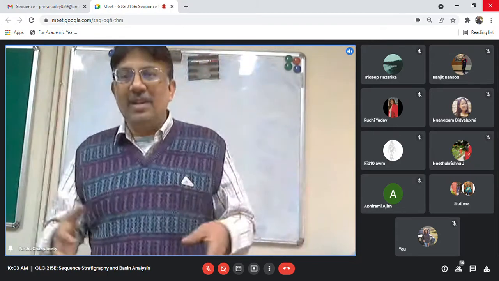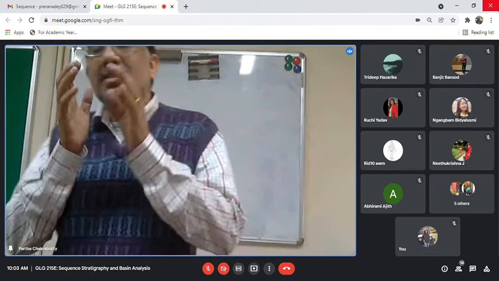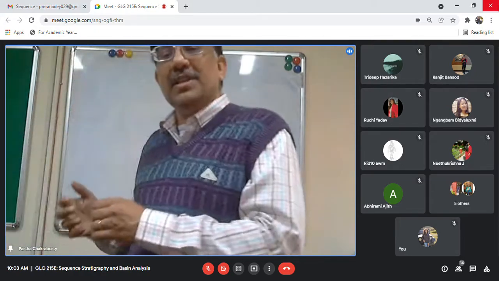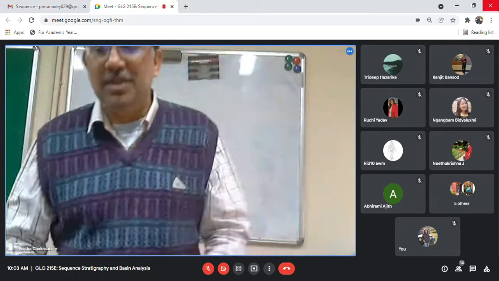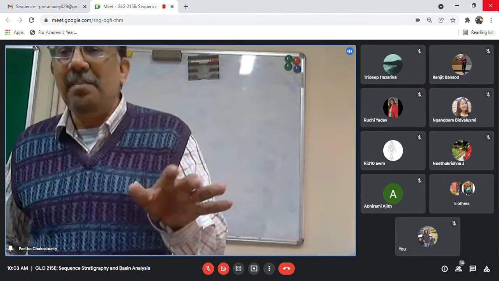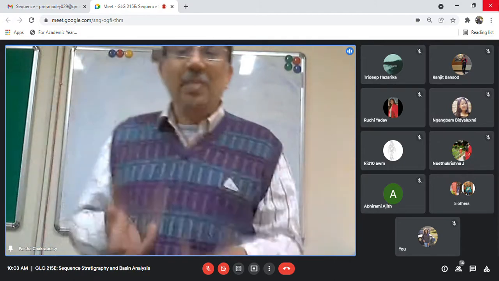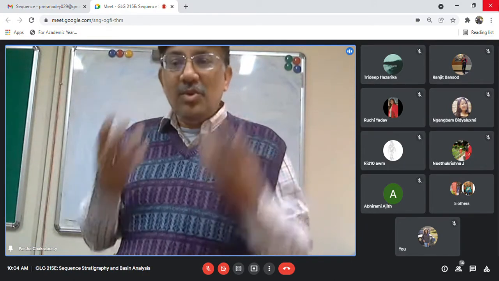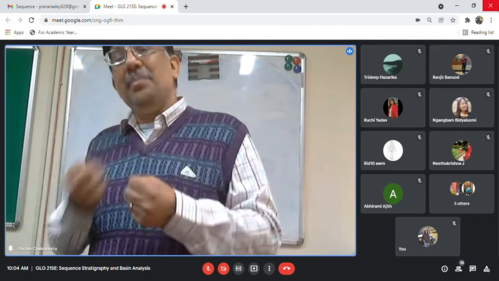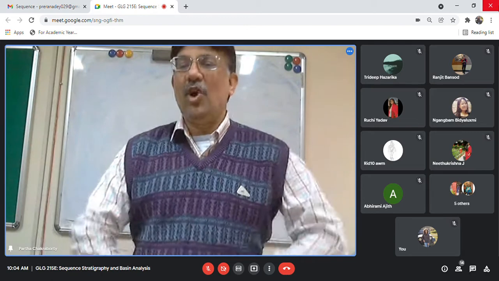So you have to understand how the entire basin behaves in a syngenetic stage or a post-genetic stage. One of the best examples is the lead zinc deposit of Zawar, which is a carbonate-hosted lead zinc. Now you have to understand when the mineralizing fluid invaded the carbonate rock.